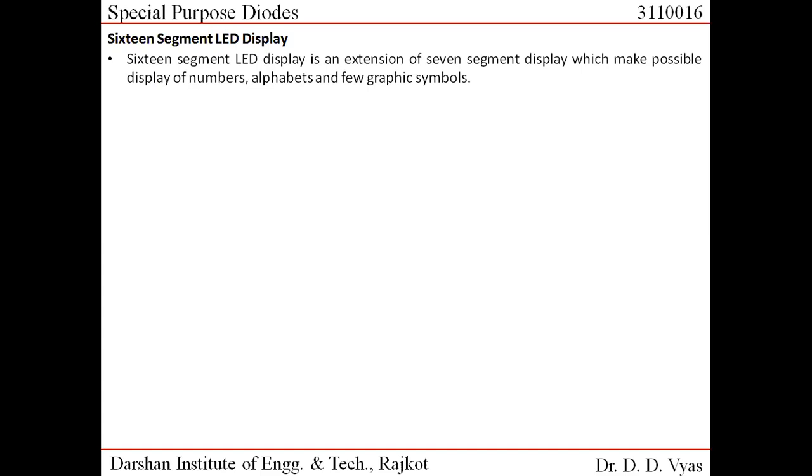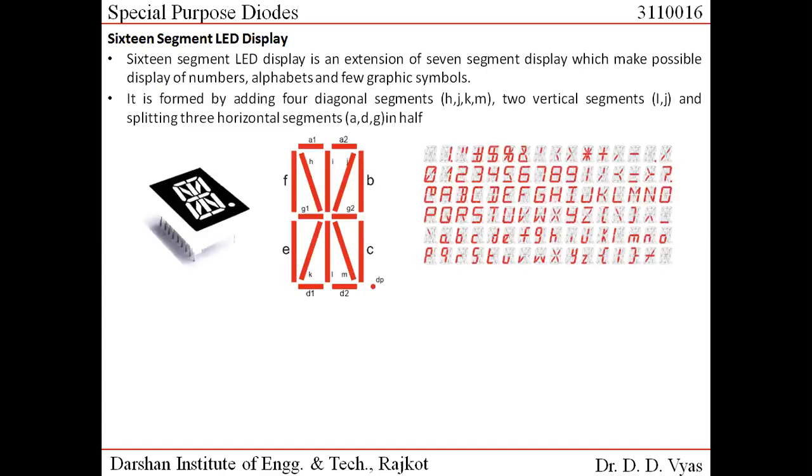The 16-segment display, as we can now understand, consists of 16 segments where each segment is formed using an individual LED. The popular 16-segment display available in the market looks something like this.